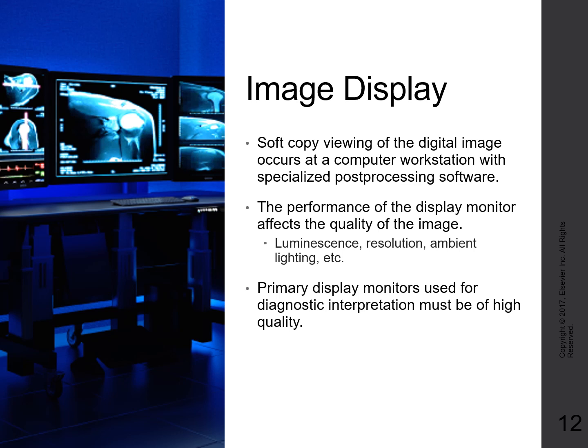Some of the things that we have to look at regarding an image display are the display's luminance, its resolution, the ambient lighting in the room, and even some more. The primary display monitors are the ones used for diagnostic interpretation. These primary monitors are going to be the really, really good monitors in the radiologist's office. Our workstation will be our secondary monitors, which don't need to be as high quality.